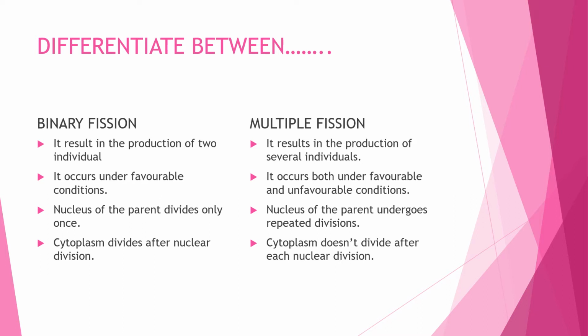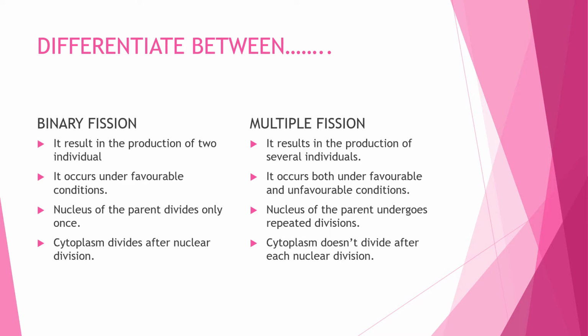Binary fission occurs in favorable conditions, whereas multiple fission occurs under both favorable and unfavorable conditions. In binary fission, the nucleus of the parent cell divides once, whereas in multiple fission the nucleus of the parent divides repeatedly.